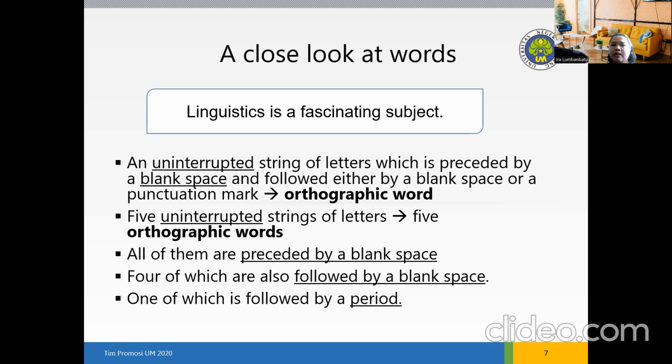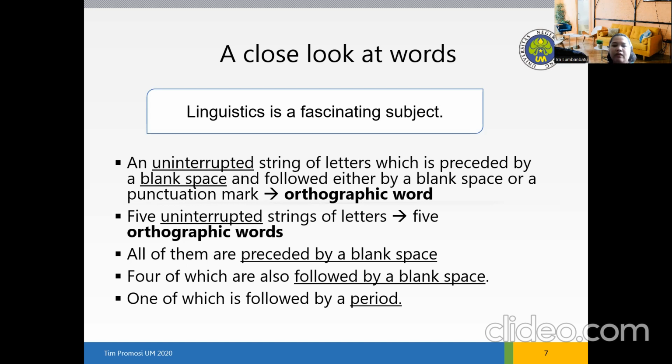Orthography is the system of conventions for writing a language, including rules for spelling and punctuation. Therefore, an orthographic word is a word as it appears in written form, for example spelling, punctuation, and capitalization.